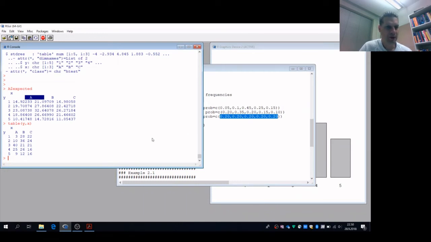Since our observed values are different, we can now actually calculate pretty easily what is happening.